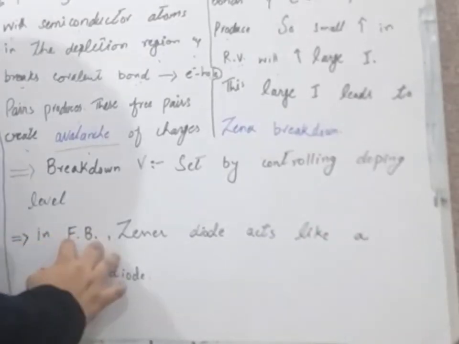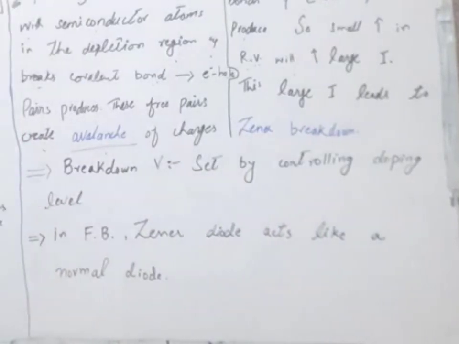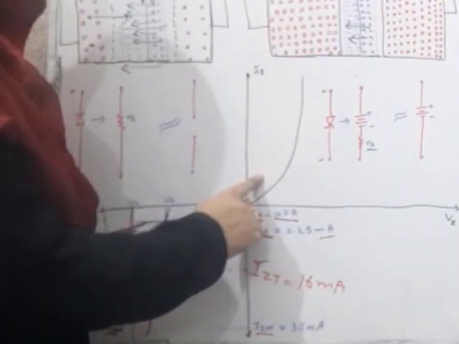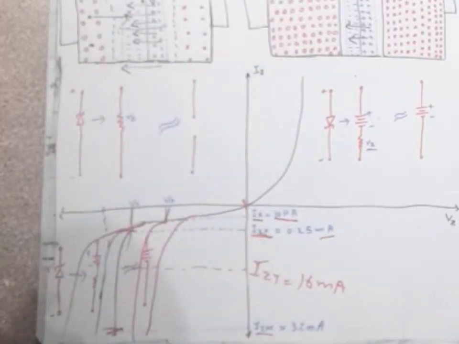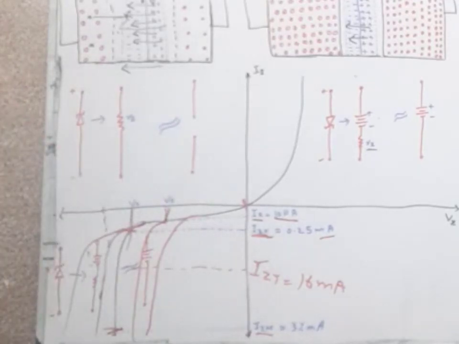In the forward biasing region, the Zener diode acts like a normal diode. You can see here the characteristic curve for the normal diode, and in this region the Zener diode acts as a normal diode. An important application of the Zener diode is that it is used as a voltage regulator.